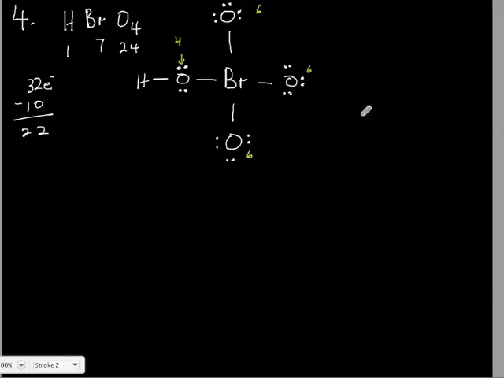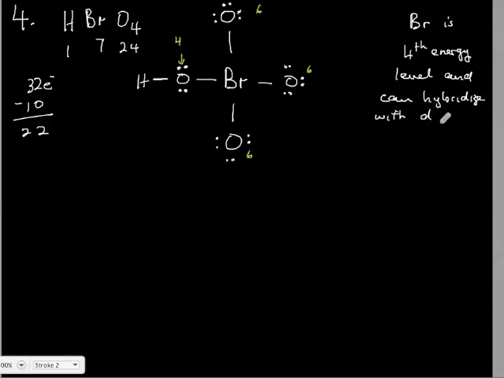But I want you to understand that bromine is in the 4th energy level, and can hybridize with d and even f to expand the orbital to beyond 8.